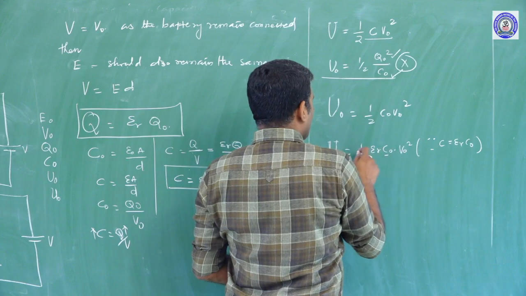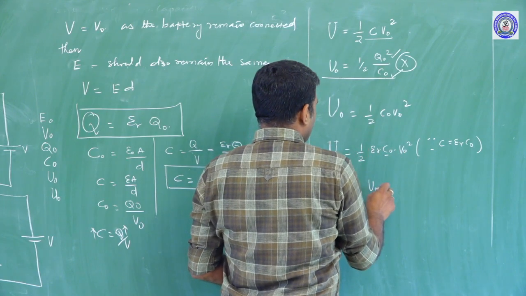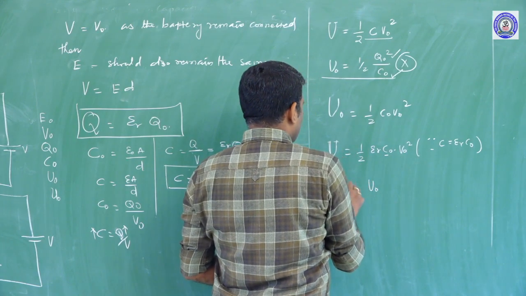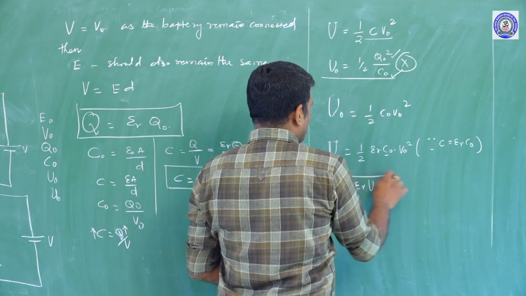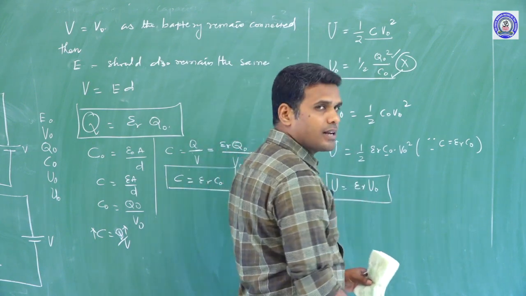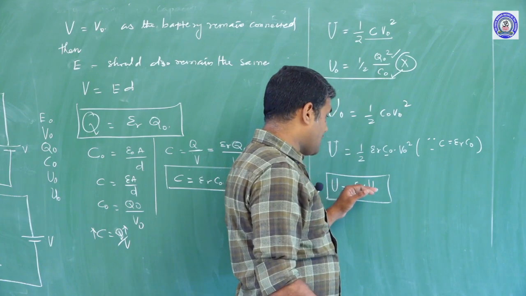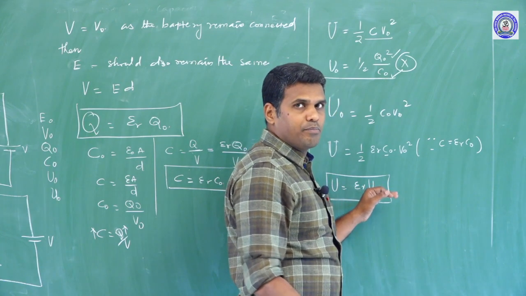Half C naught V naught square is nothing but U naught. So U equals epsilon r times U naught. So the potential energy also increases by epsilon r times.